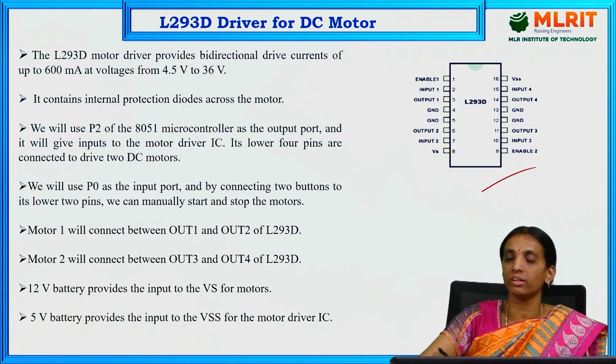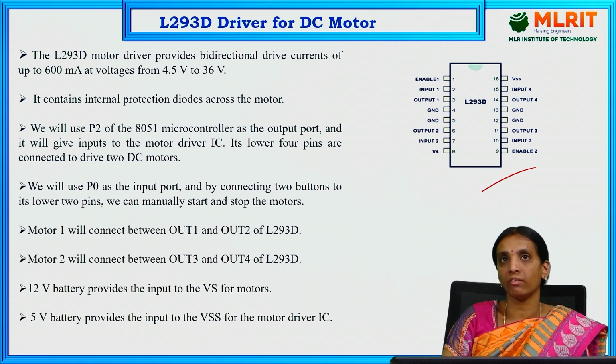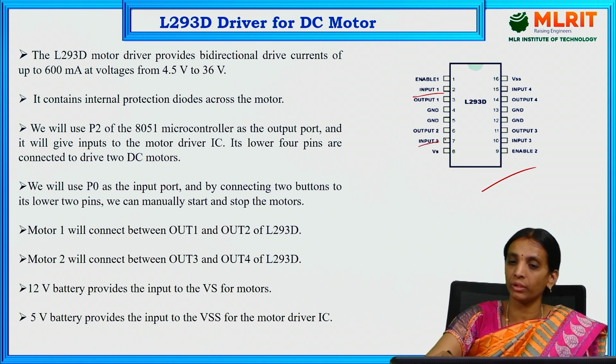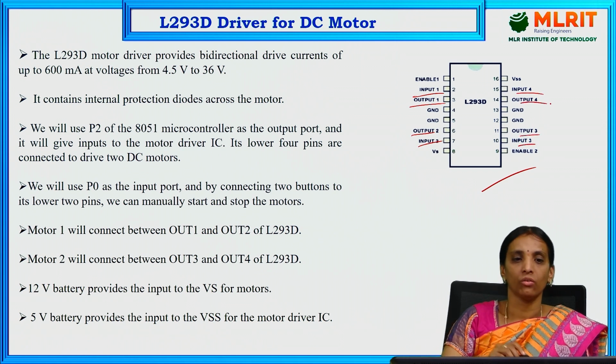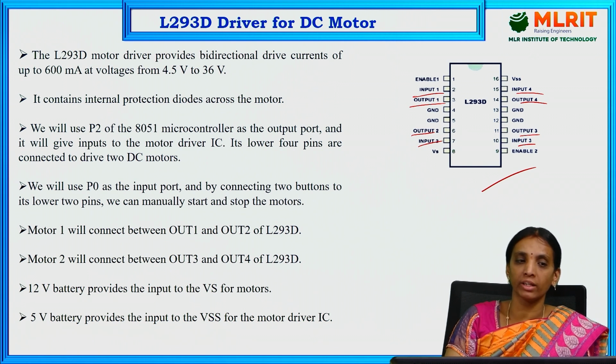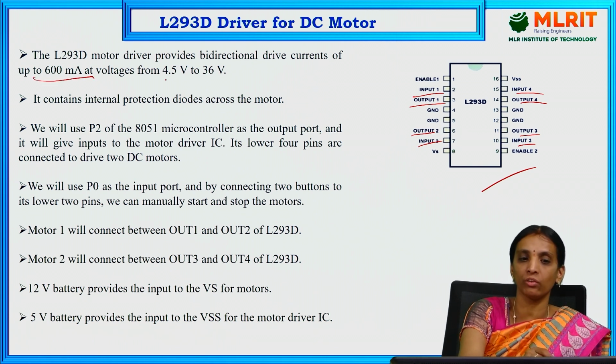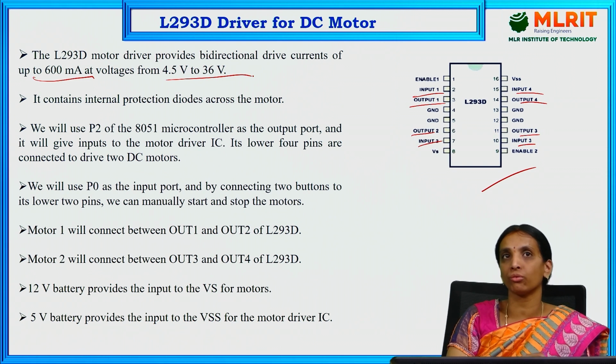Here this is the L293D driver IC. It has different types of inputs and outputs. It provides a bidirectional way of connecting, which means it can drive currents up to 600 milliamperes from 4.5 volts to 36 volts.